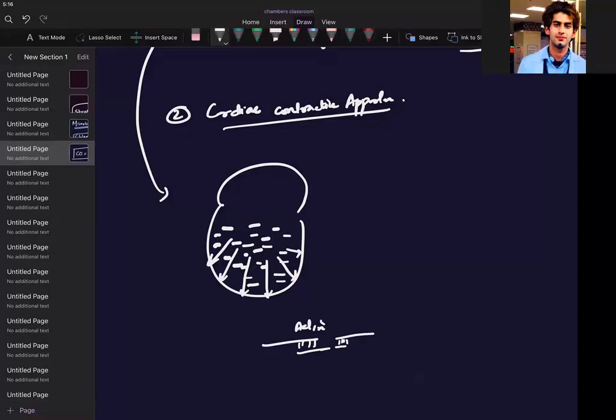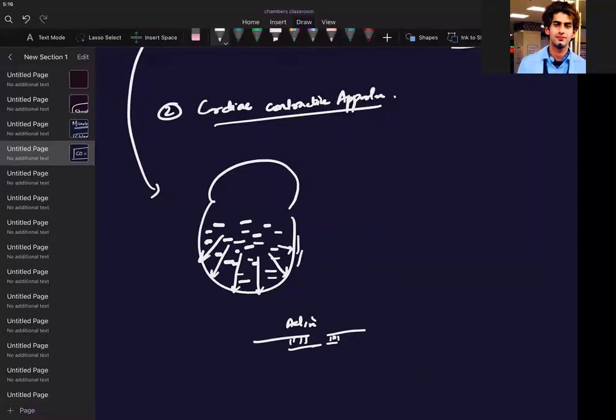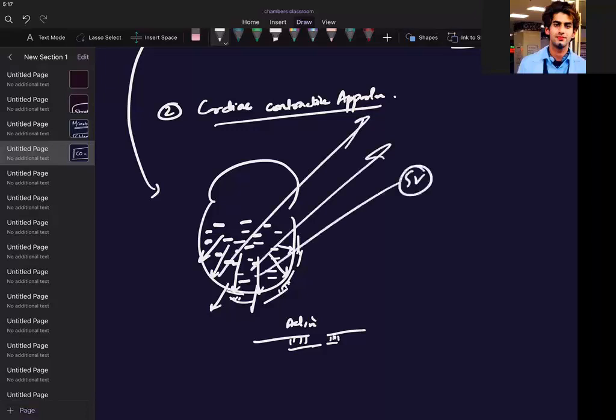So there will be more cross-linking, like this, in the cardiac myocytes. Once you produce more force on them, what will happen? The force of contraction will increase, and that force will eject a greater stroke volume. Are we clear with this concept? So what is the theory saying?